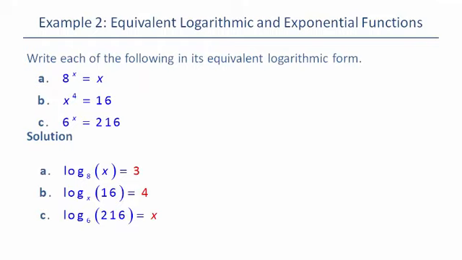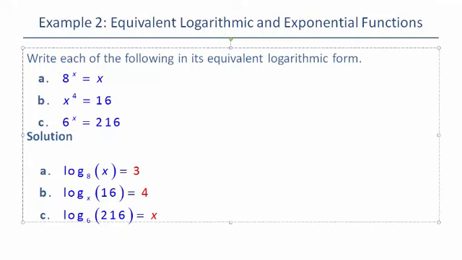All right, how about going the other way, right? If 8 to the x equals x, how do you write that? Well, it means log base 8 of x equals something. In this case, 3. Now you might be asking yourself, well, where the heck did that 3 come from? Well, the 3 came from a typo, right?